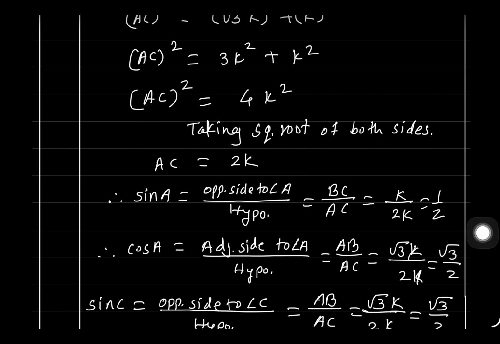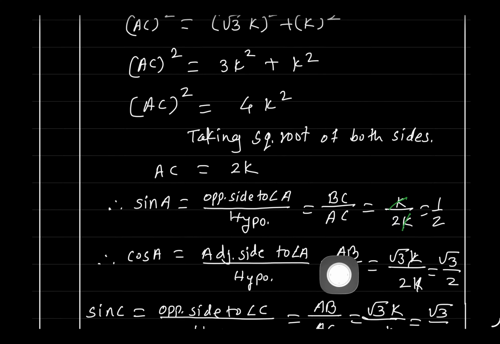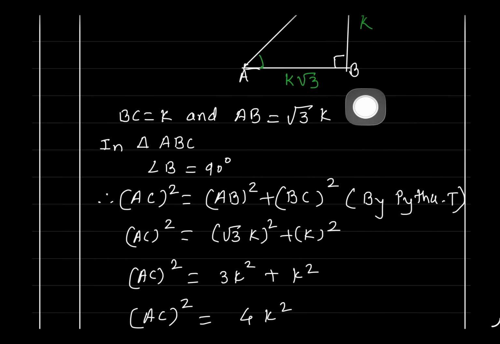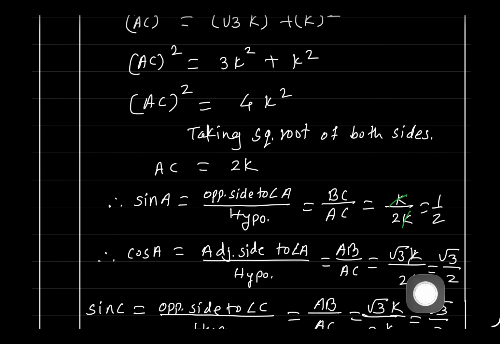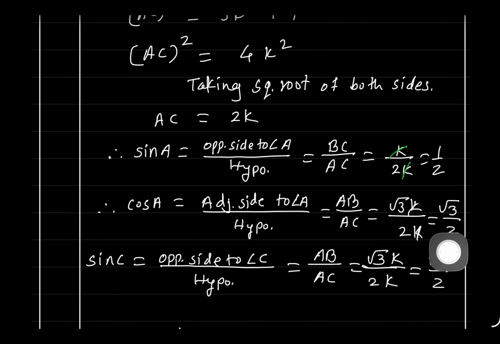The K will divide, so we get 1 upon 2. Then cos A. Cos A means adjacent side to angle A upon hypotenuse. The adjacent side is AB, so AB upon AC, root 3K upon 2K. K upon K gets divided, so root 3 upon 2.